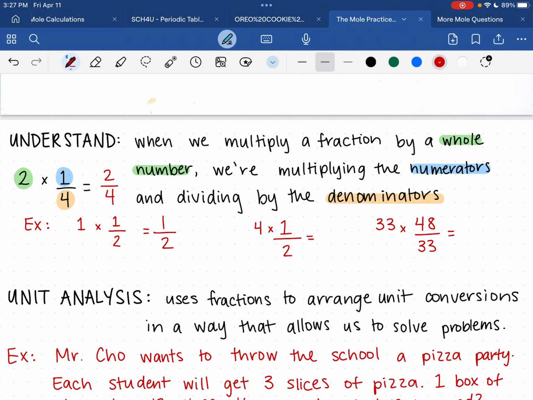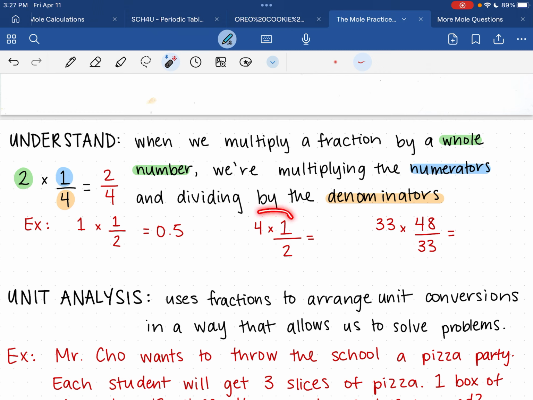So 1 times 1 is 1, divided by 2 is 1 over 2. So when we simplify that, it is just going to be 0.5. Again, we don't need to do the 1 times 1, because it's just the same as the whole number when you have it multiplying by 1.